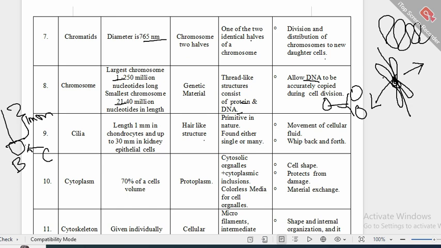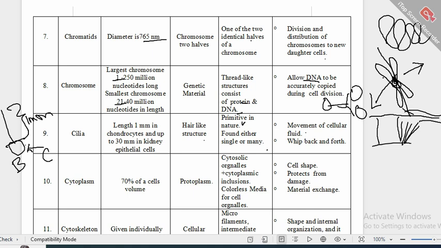It is primitive in nature, found from the lowest level of organisms to the highest level, either single or in tufts. It helps in movement of cellular fluid in both directions, whipping back and forth so that cellular fluid moves from here and there.